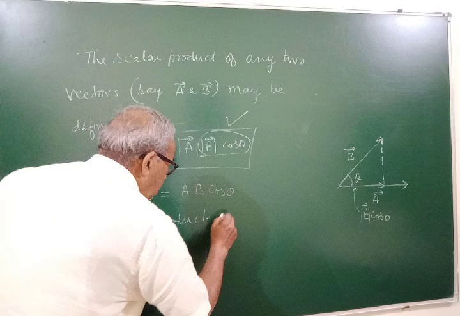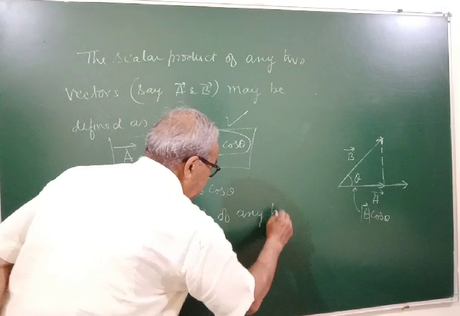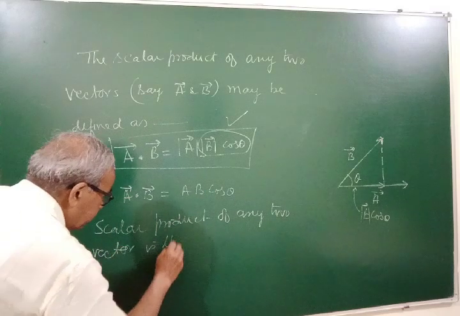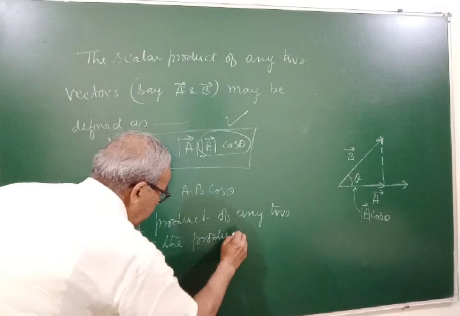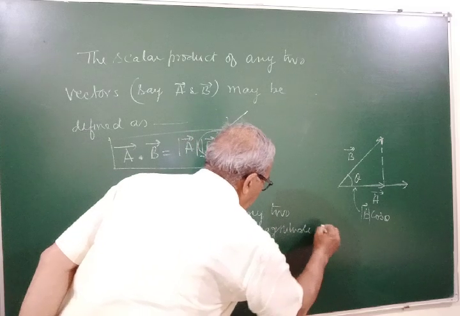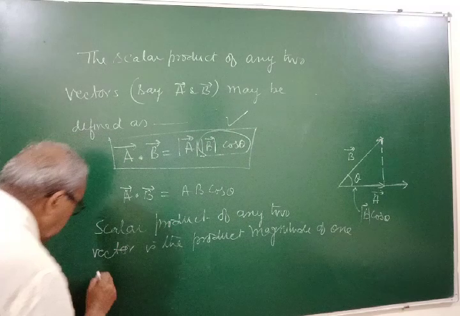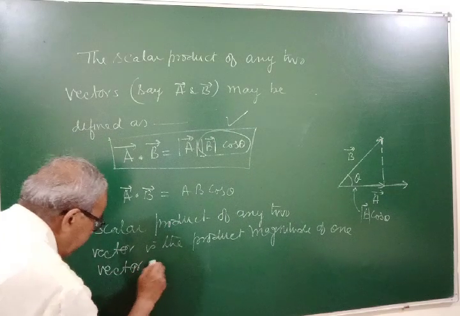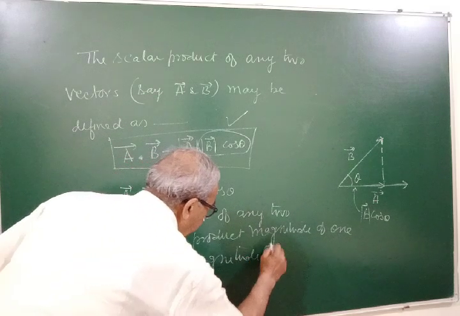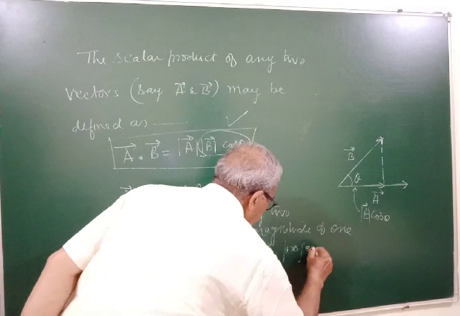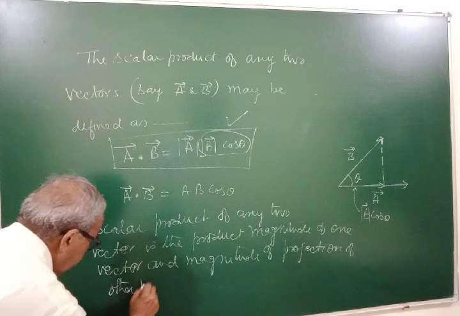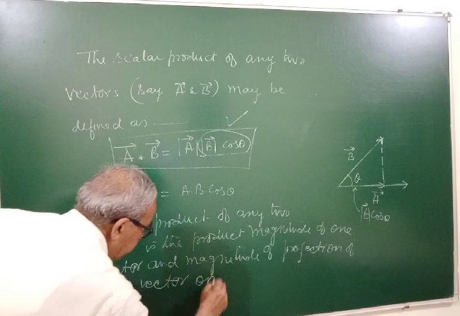But people also define the scalar product as follows: the scalar product of any two vectors is the product of the magnitude of one vector and the magnitude of the projection of the other vector on it.